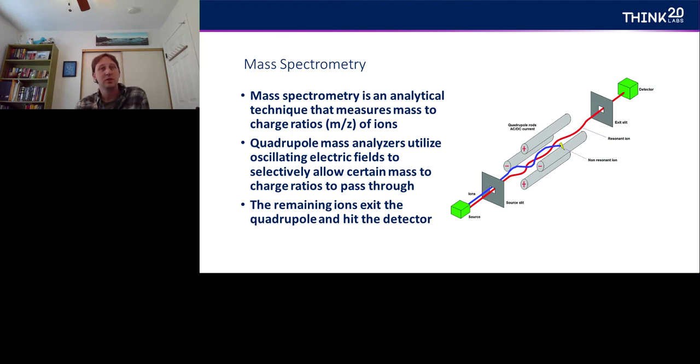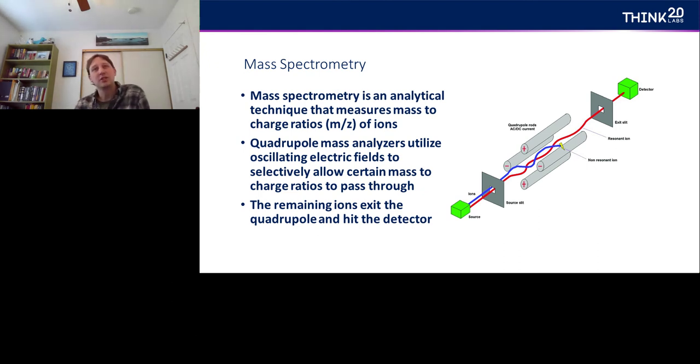So in this case, it's electron impact, which creates these ions. So it basically splits them into pieces, and the instrument that we use for this is a single quadrupole.